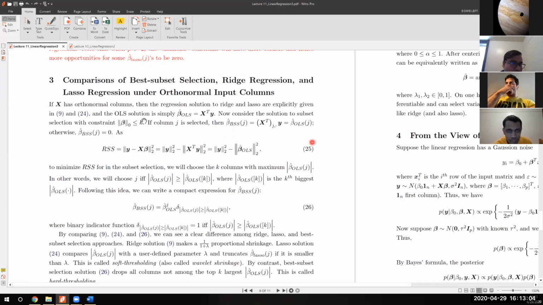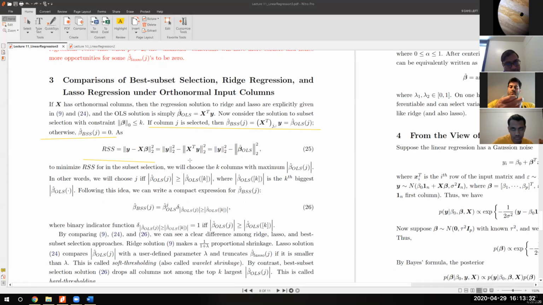I should say this. If J is selected, then beta BSSJ, which means the jth element of the solution of the best subset selection, equals the jth element of OLS, right? If it's selected, of course. Otherwise, if the jth element is not selected, then it equals 0.